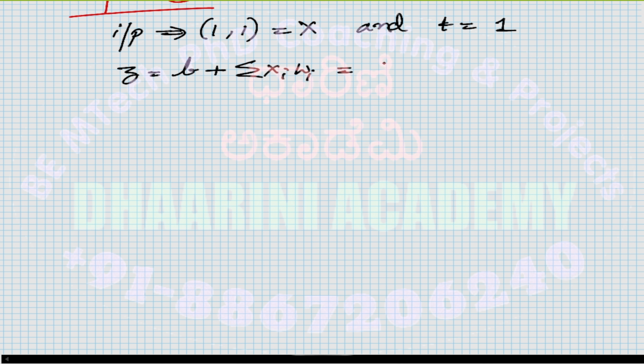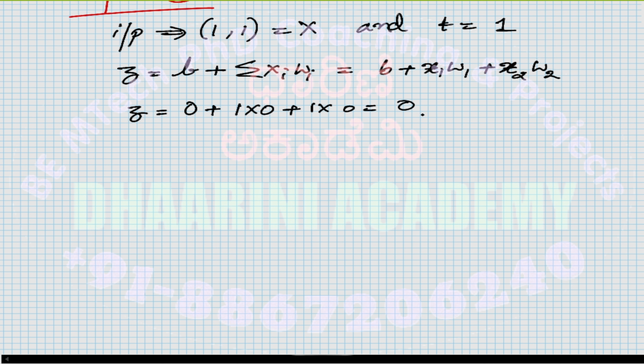So in this case, I am supposed to perform b plus x1 w1 plus x2 w2. What is the bias? Initial value 0. Plus I know that x1 is 1, but the weight is 0. Plus 1 into 0, z becomes equal to 0.